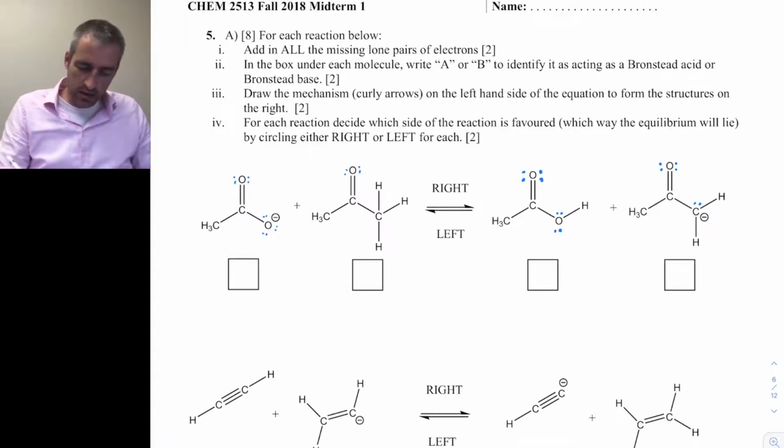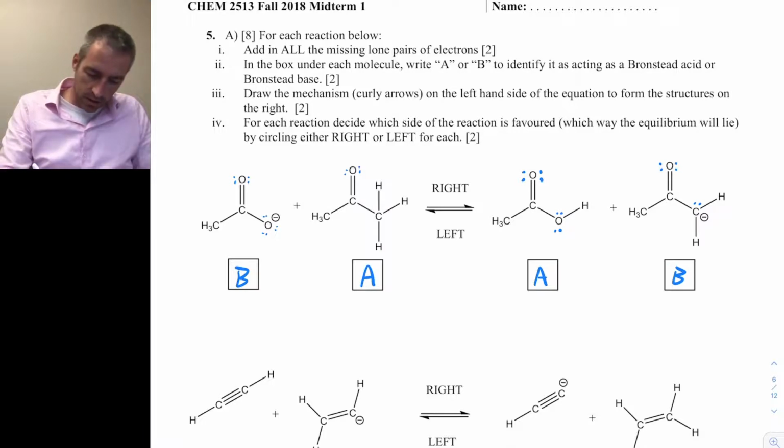So what's going on here is this is acting as an acid because it's donating hydrogen, which is gone in the product. This is acting as the base. And for the reverse reaction, this is the acid and this is the base. Draw the mechanism's curly arrows on the left-hand side to see what's going on. So the base on the left side is forming a new OH bond.